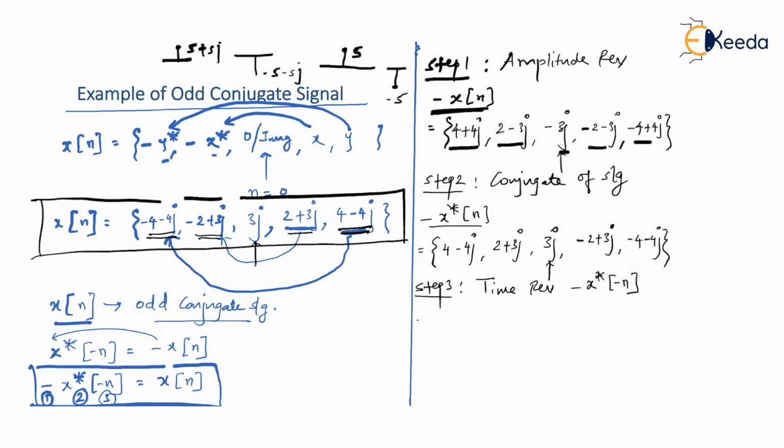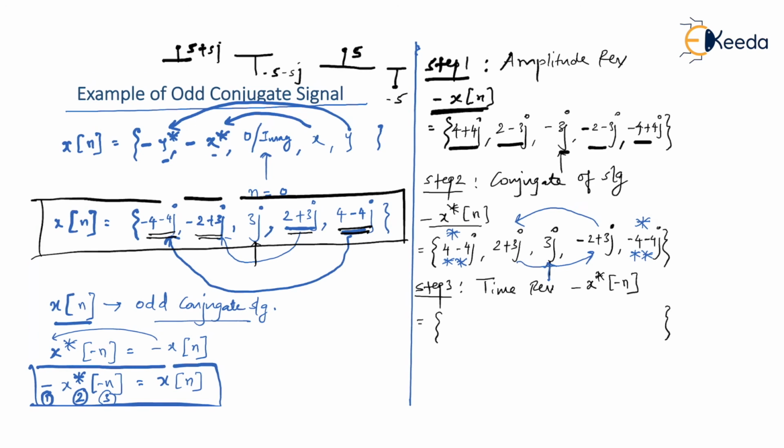Is that right? Let us write the final answer. I'm sure what we do in time reversal, we keep n equal to 0 here only, but we are going to exchange these components, right? This component will come here, and this component will come here. Is that right? So let us write the final result now.